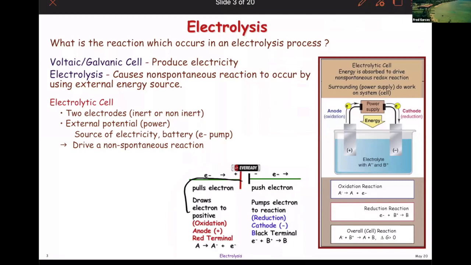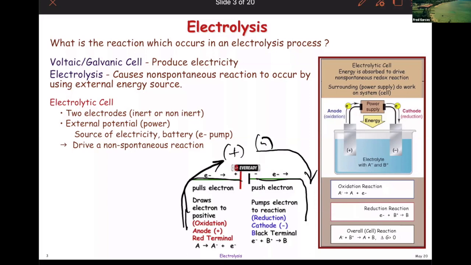So if we have a positive terminal here, the electrons are going to be attracted to the positive terminal. And then the negative terminal is going to, remember, like charges repel each other. So that means that the electrons are going to be pushed away. So that's what's going on here.